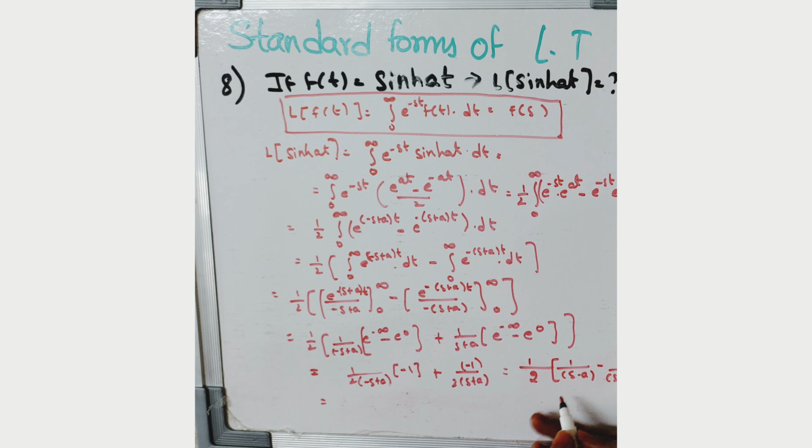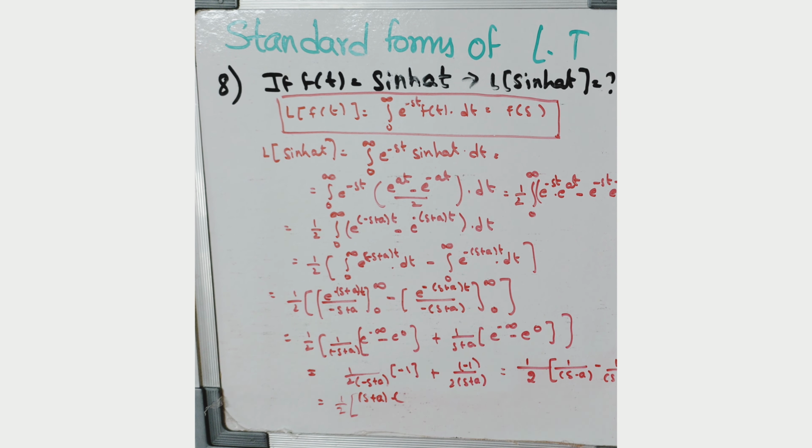Now 1 by 2 into, solve this, cross multiply: s plus a minus of s minus a, by s minus a into s plus a. So (a plus b) into (a minus b) is a square minus b square, therefore s square minus a square.